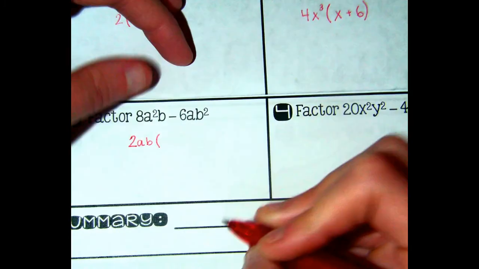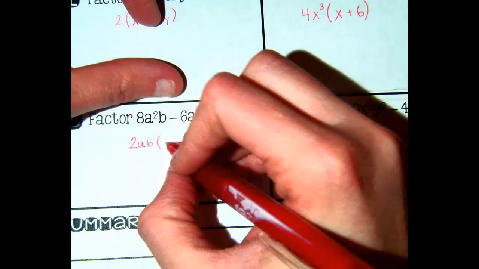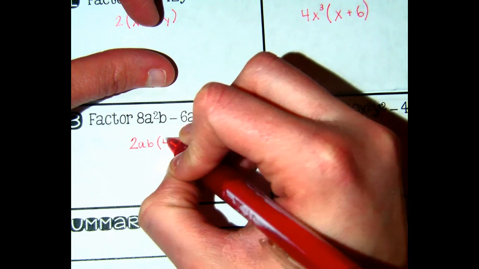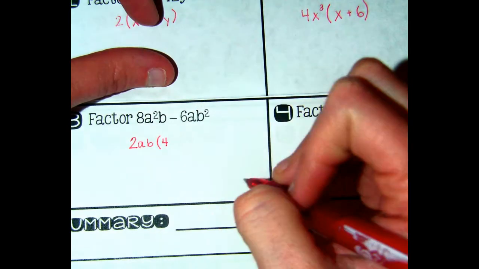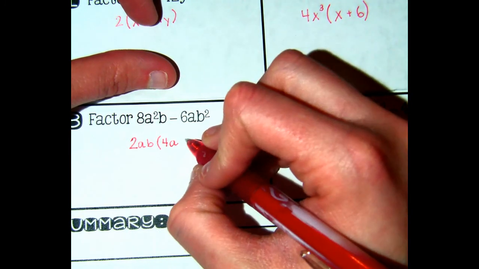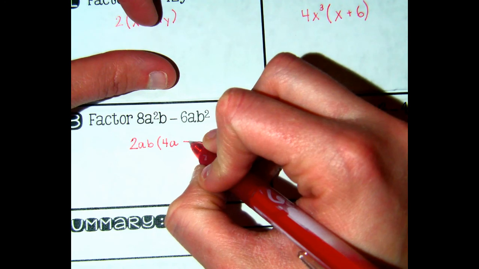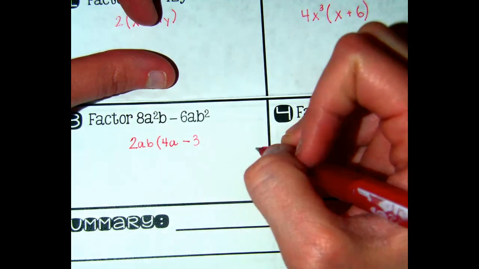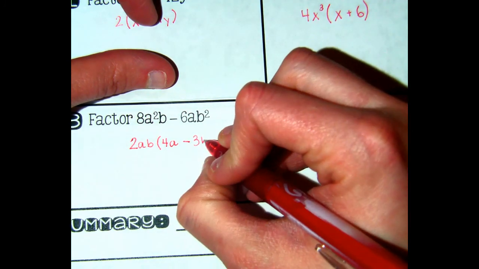Okay. What's 8 divided by 2? 4. There were 2 A's and I took 1 out. A. There was a B and I took 1 out. None. Minus. What's 6 divided by 2? There was an A and I took 1 out. I just have a B. You're right.